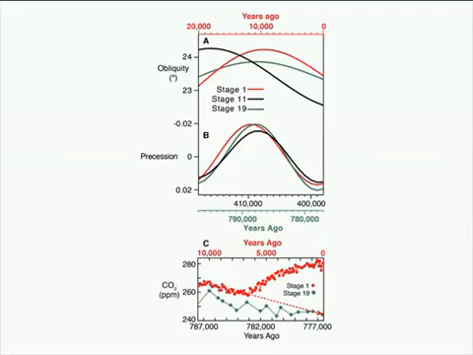So part C in this slide shows the stage 19 CO2 trend, which peaks at an equivalent time of about 10,000 years ago, which happens to be about 787,000 years ago. And then it goes steadily downward like that average that I calculated for the CO2 trends.